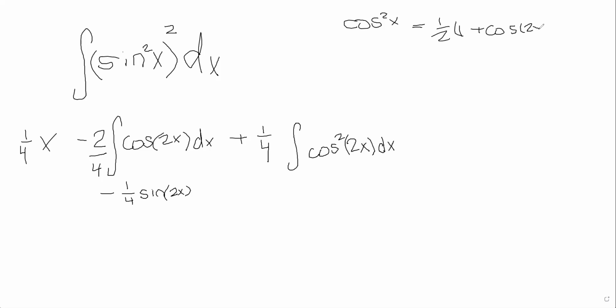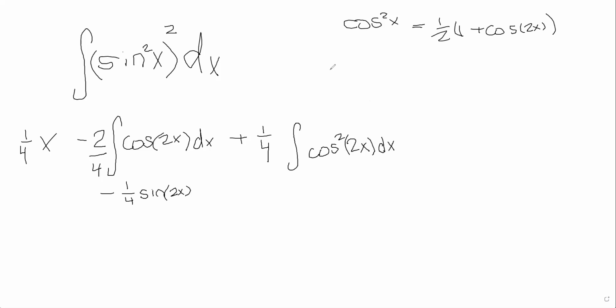So let's go ahead and use this one. How does that work when we have an argument of 2x? I think it should still work the same way. Yep, it will. Perfect. So I want to modify this to account for the fact that we have a cosine of 2x, cosine squared 2x, and not just a cosine squared of x.